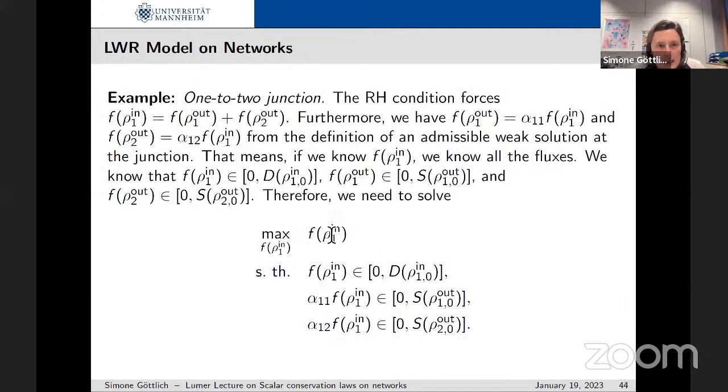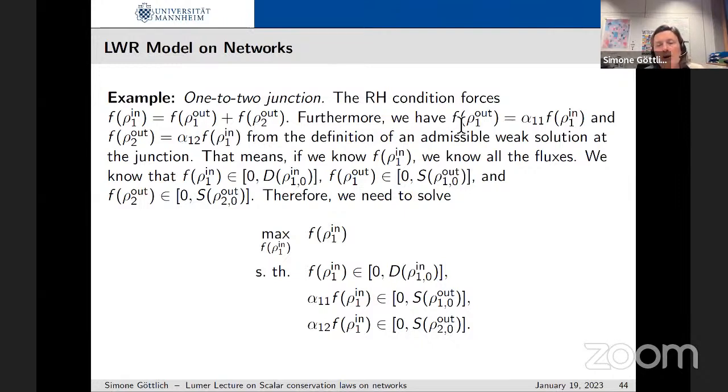So let's exemplarily focus on a 1-to-2 junction, meaning we have one ingoing and two outgoing roads. Then the Rankine-Hugoniot condition forces that the flux from the incoming road is equal to the flux of one outgoing road plus the other one.